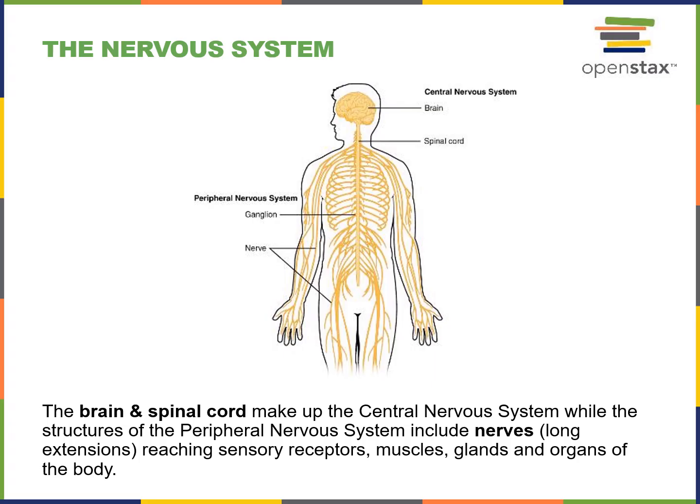We'll take a look at the structure of a neuron, then what are the steps in the propagation of an action potential, sometimes called a nerve impulse, but a neuron and a nerve are not the same thing. A neuron is a nerve cell. Nerves are bundles of neurons.